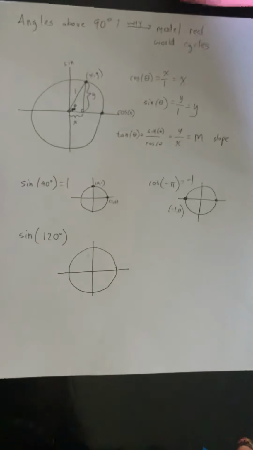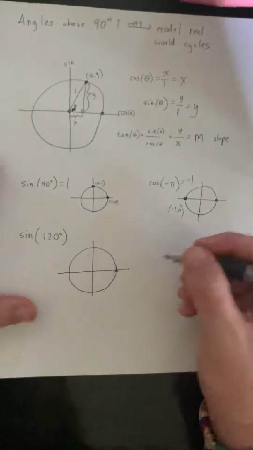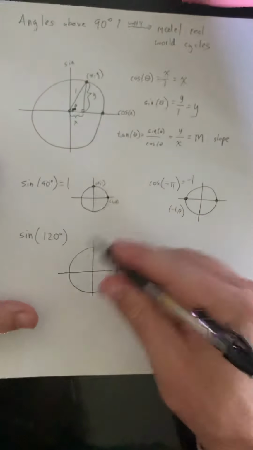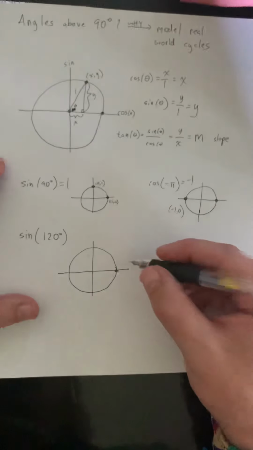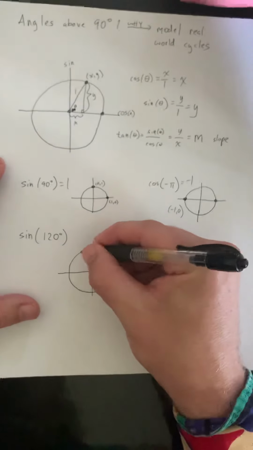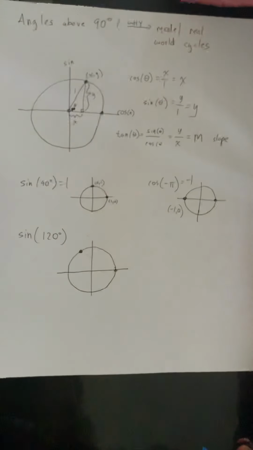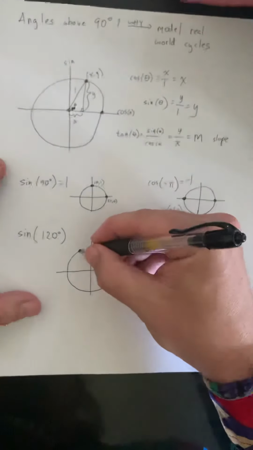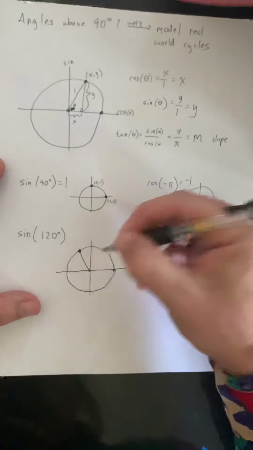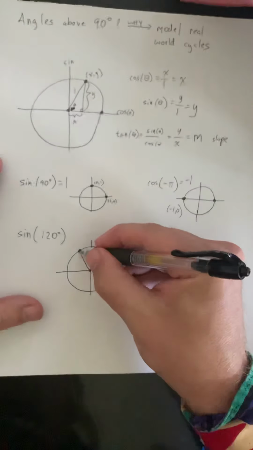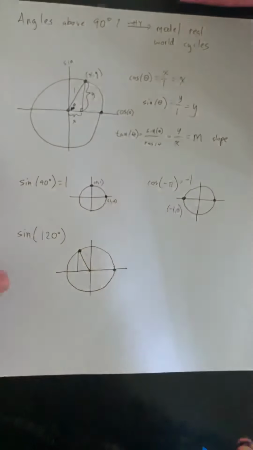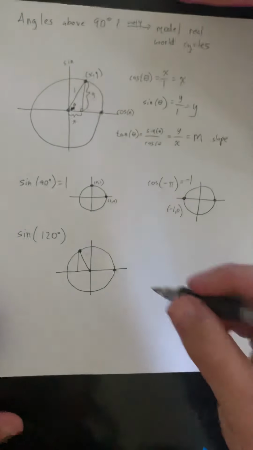Slightly better circle here. I can start at the starting point. I can rotate 120 degrees around this circle is 360 degrees, and it puts me right about here. Now I can draw the radius of the circle, aka the hypotenuse of a right triangle, and I can make that right triangle.